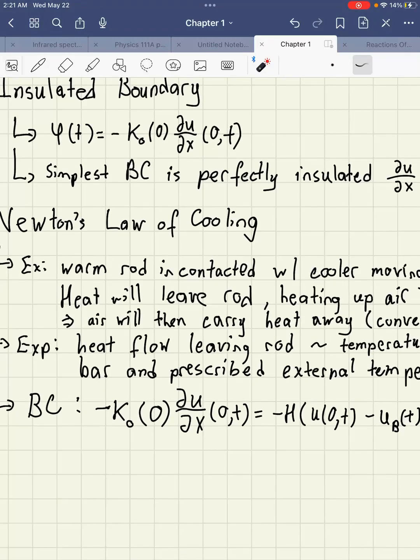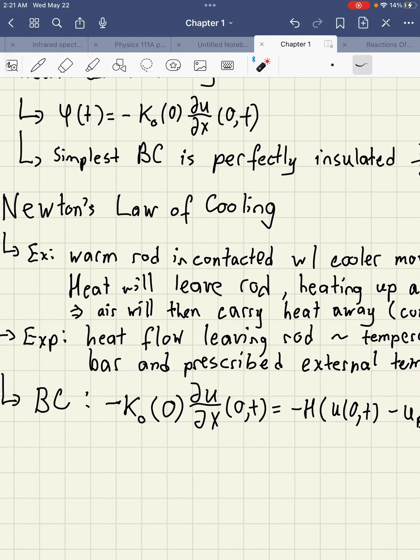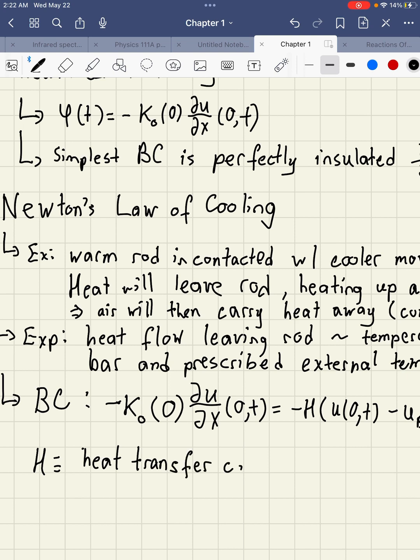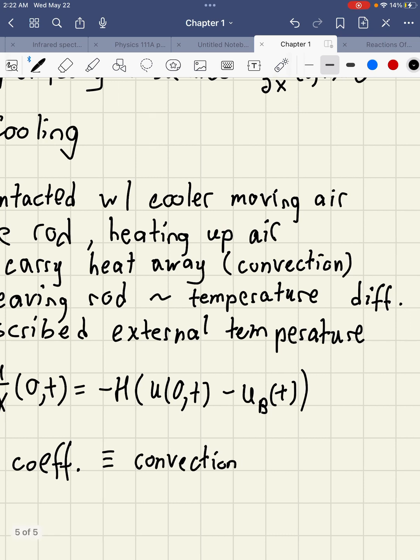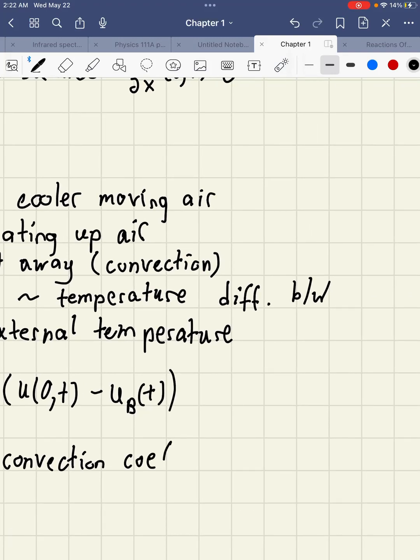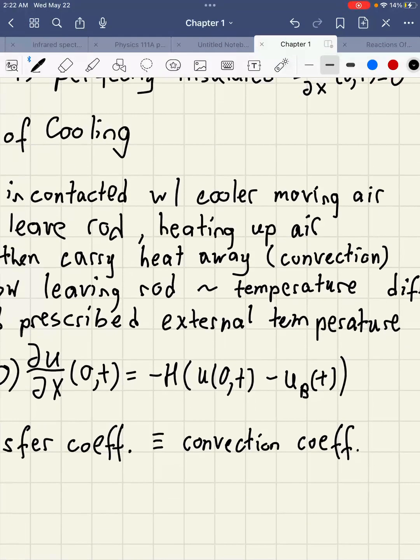Even though h is the proportionality constant, it has a name. It's called the heat transfer coefficient. You can also call it the convection coefficient.